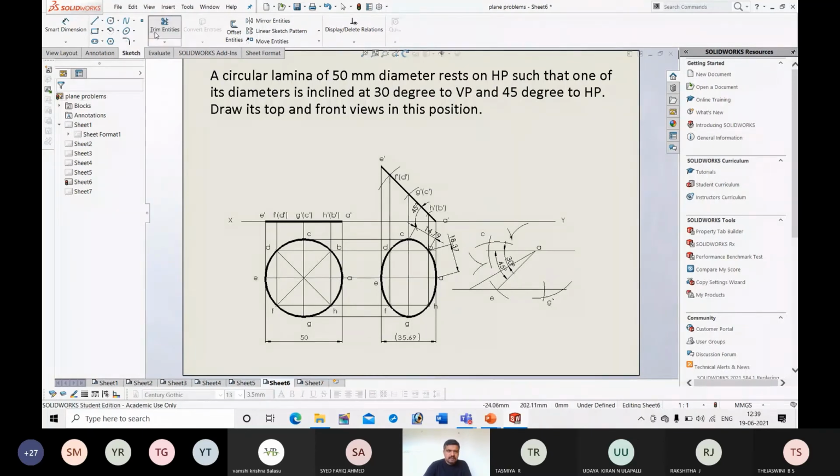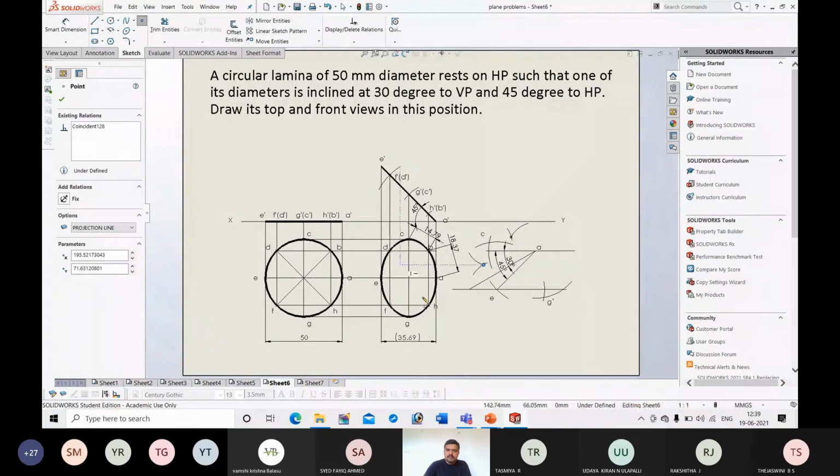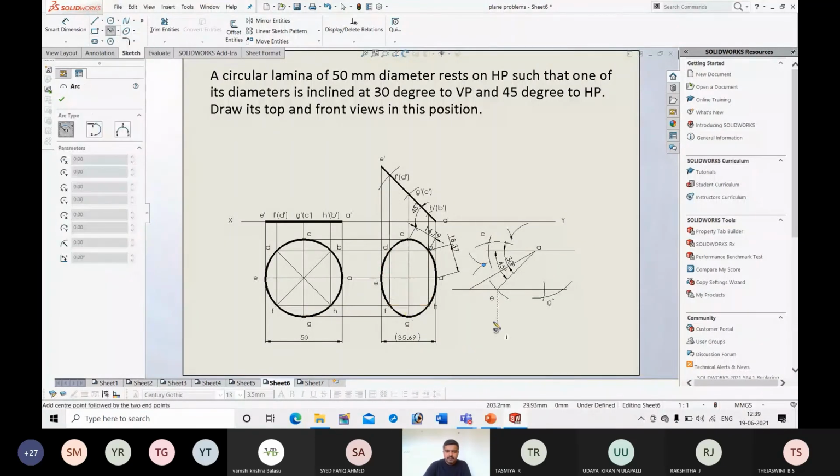Okay, next, so I will get point D. Similarly, I know points E and G, so I can get point F. From E to F, it will be 18.37.